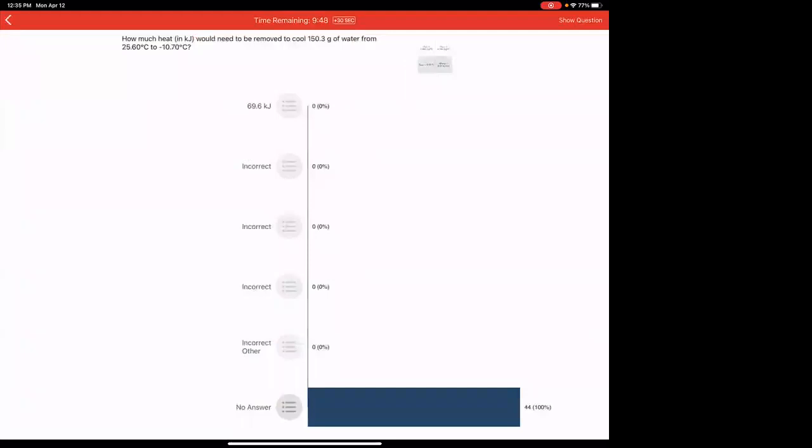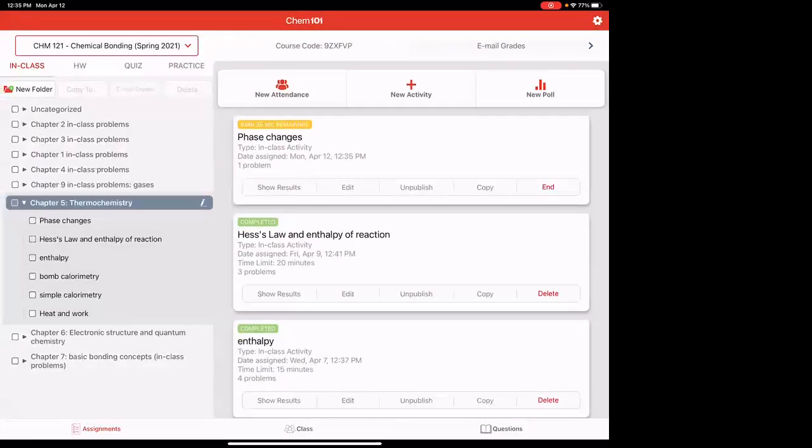So how much heat in kilojoules would need to be removed to cool 153 grams of water from 25.60 degrees Celsius to minus 10.7 degrees Celsius. And then they also give you some information about it as well.